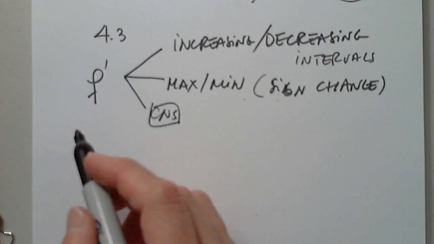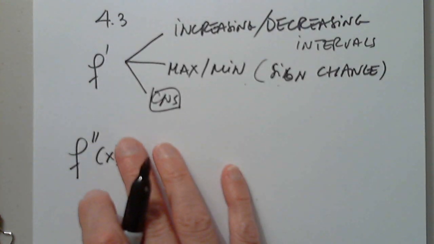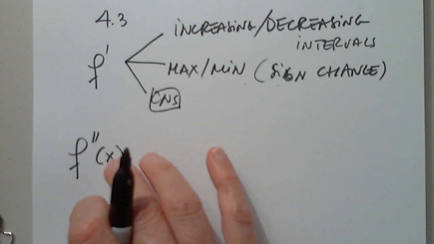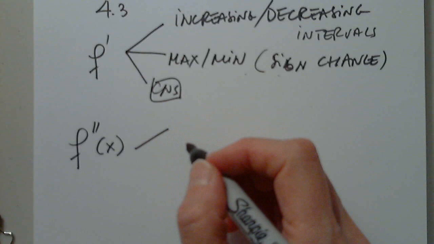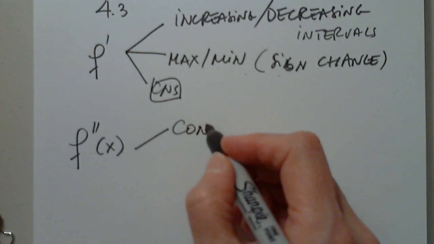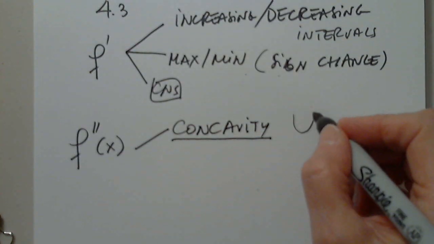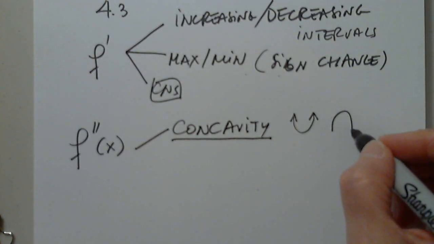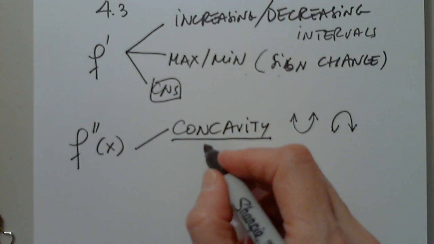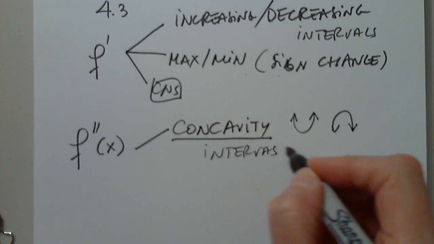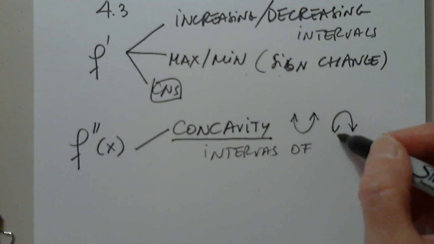Now in 4.3, we're going to look at the second derivative. And no, we're not going beyond the second derivative, only the first and the second derivative. The second derivative will give us concavity. What does concavity mean? If the function opens upward or if the function opens downward. So it gives us intervals of concave upward, concave downward.